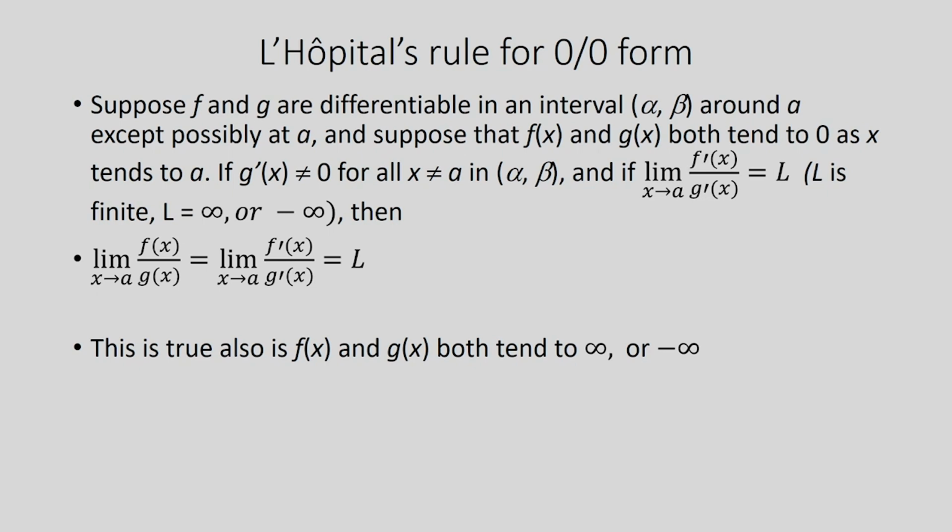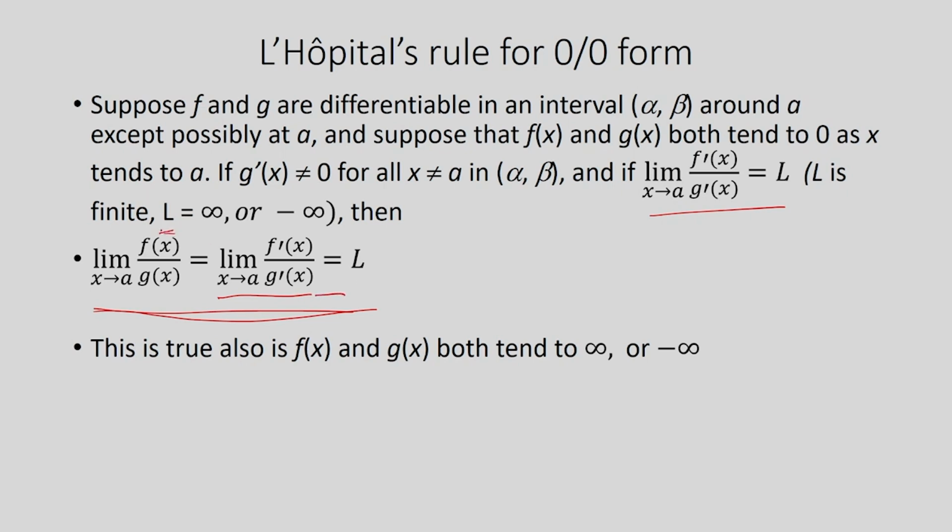If g'(x) is not equal to 0 for all x not equal to a in (alpha, beta), and if this is important, limit x goes to a of f'(x) divided by g'(x) is equal to L, where L is finite, it could be infinity or minus infinity, then limit x goes to a of f(x) divided by g(x) is actually equal to limit x goes to a of f'(x) divided by g'(x), and this as we know is equal to L.